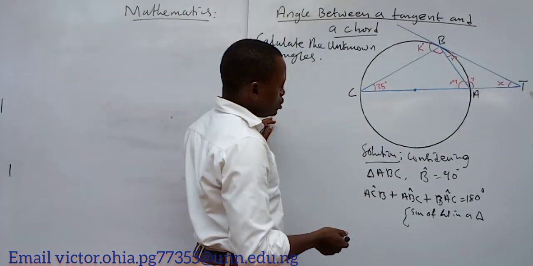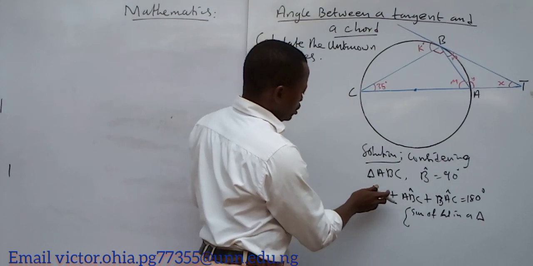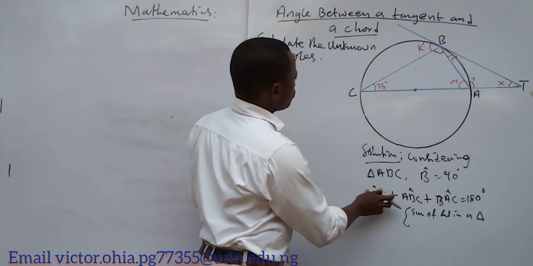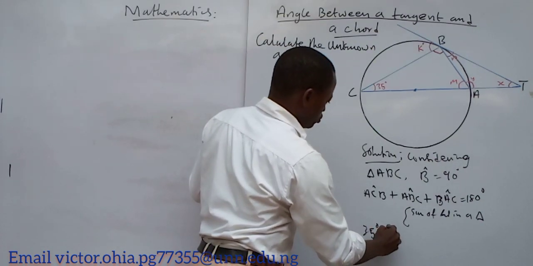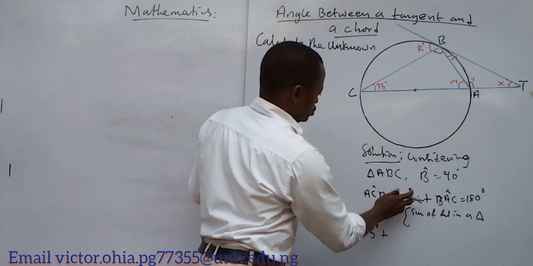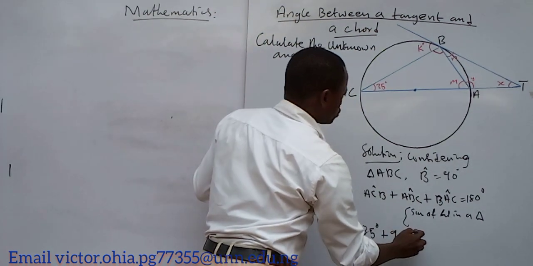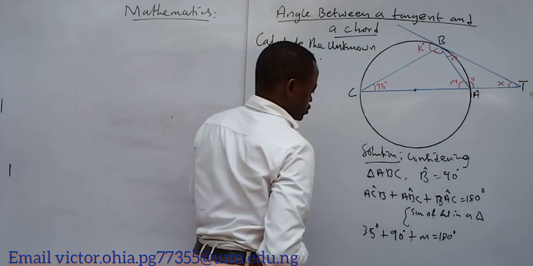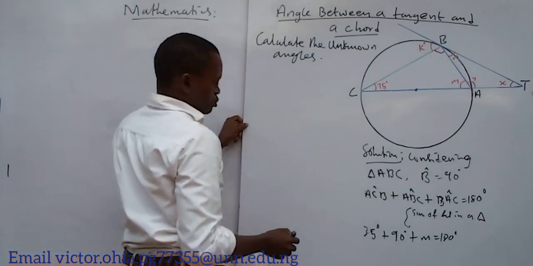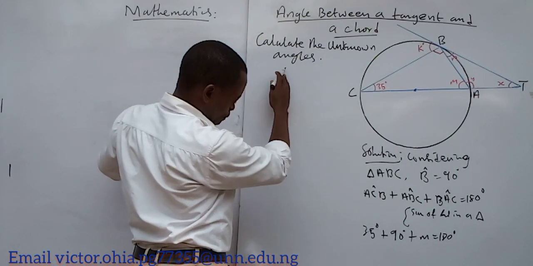If that is the case, what we are saying is that ACB, which is 35 degrees, plus ABC, which is 90 degrees, plus this one, which is M, is equal to 180 degrees.